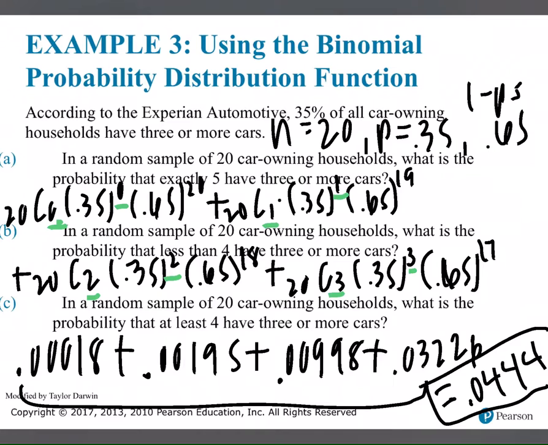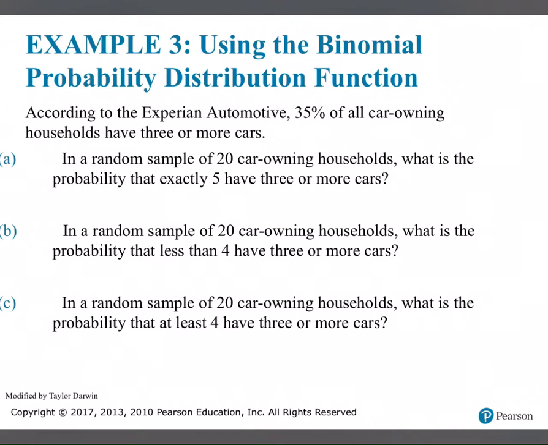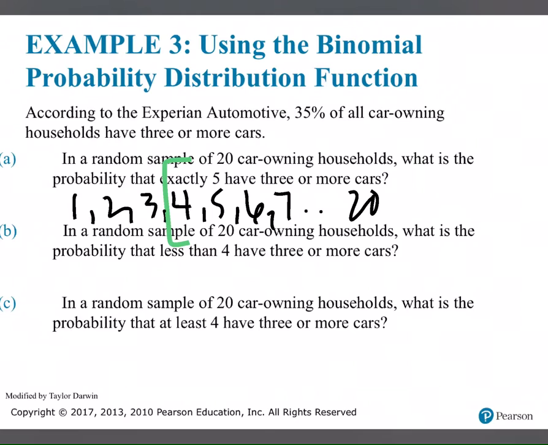So at least 4. At least is tricky. At least 4 would be 4 or 5 or 6 or 7 all the way to 20. And we just found out that 0 to 3 was 0.0444. If we know 0 to 3 is 0.0444, then we can find the leftover, basically.